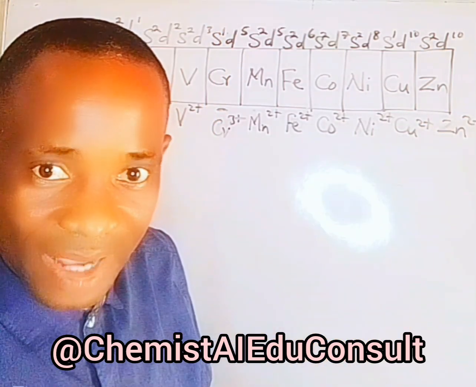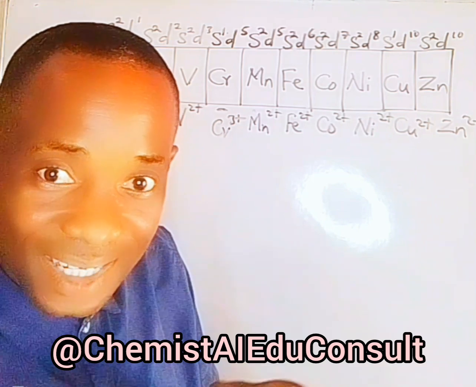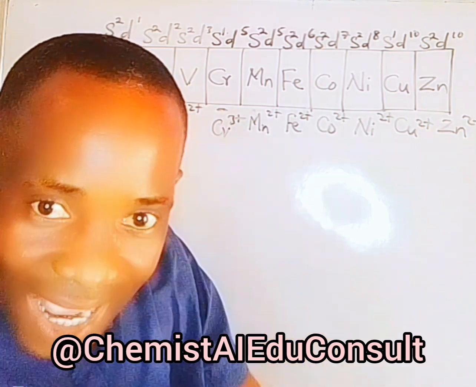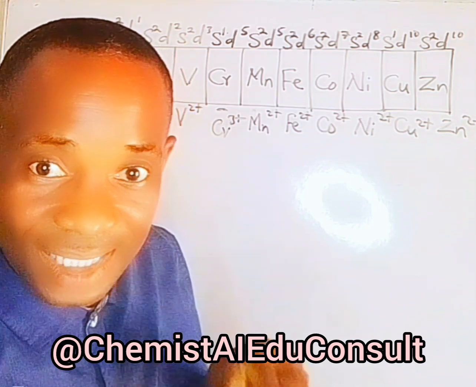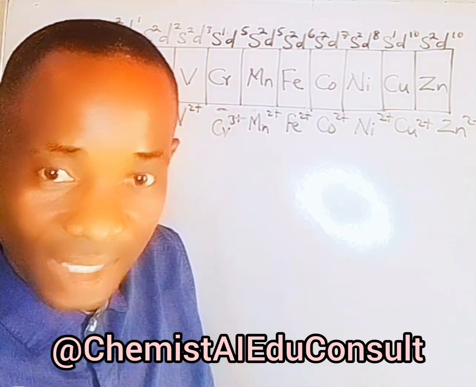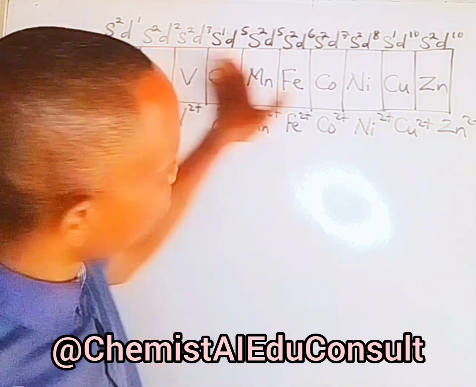Now, an element whose most stable ion has its d orbital partly filled with electrons is regarded as a transition element. The one that does not have its d orbital partly filled is not transitional, irrespective of the fact that it belongs to d block.